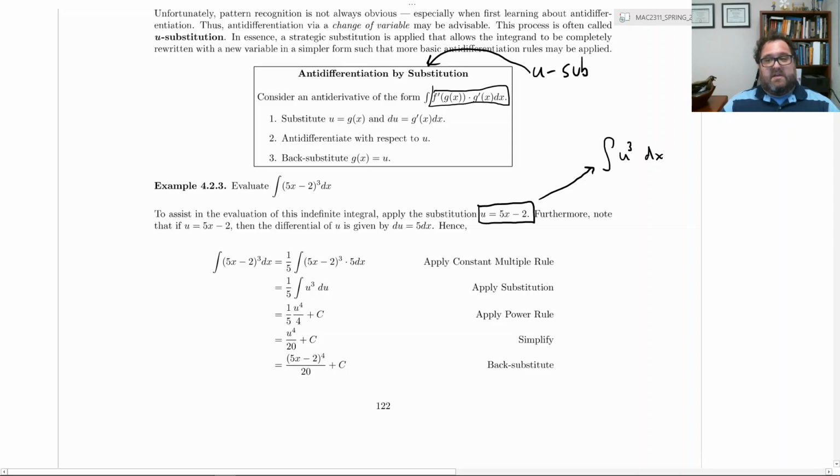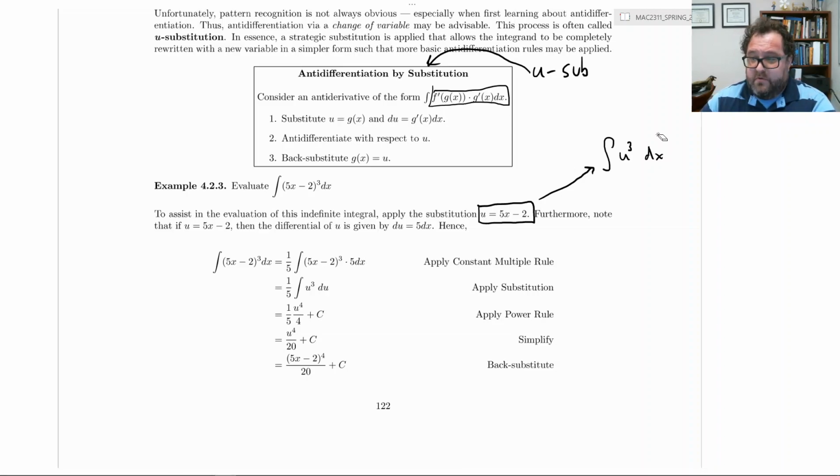It makes no sense, as far as solving the original antiderivative, if I have u's and dx's mixed up together. If I'm going to change the variable to u, I also have to change the variable of integration to u. That is, I need a du there instead of dx. But I can't just change it to du without a good reason. So you have to reuse that substitution.